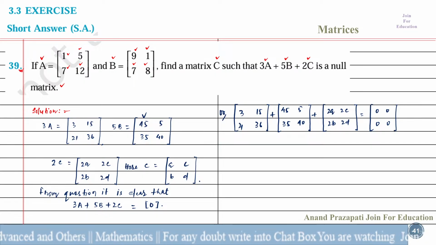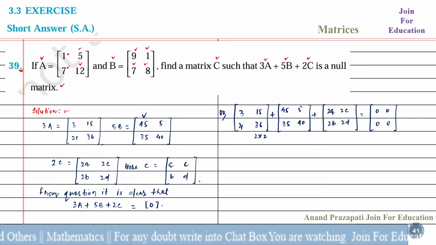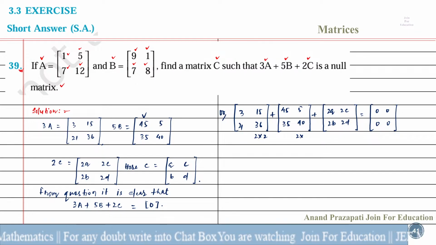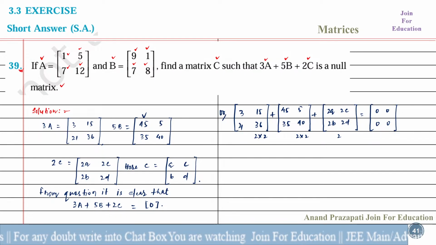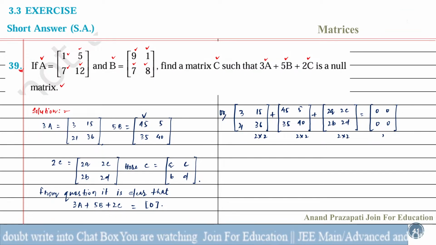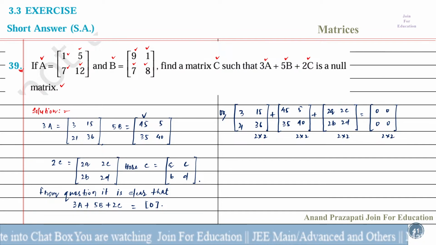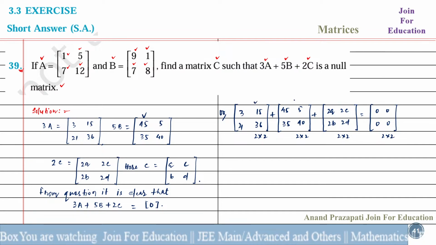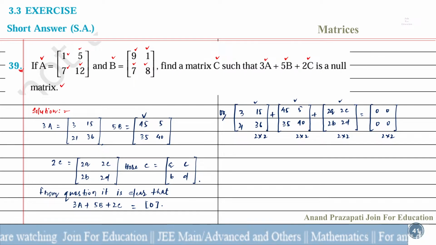So the order of this one is 2 by 2, order of this one is also 2 by 2, and order of this one is also 2 by 2. So these are confirmed for addition.